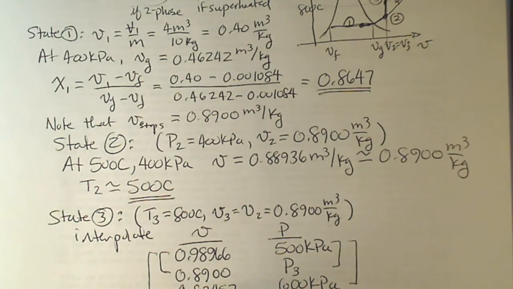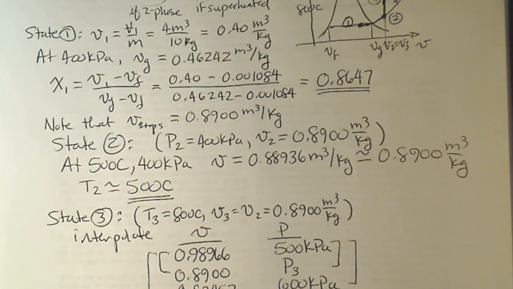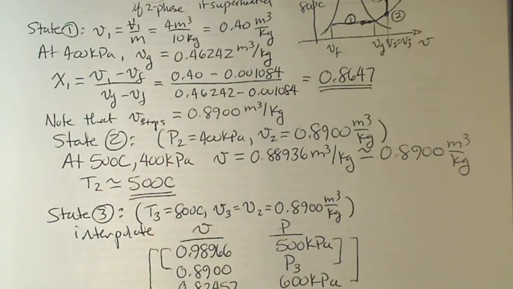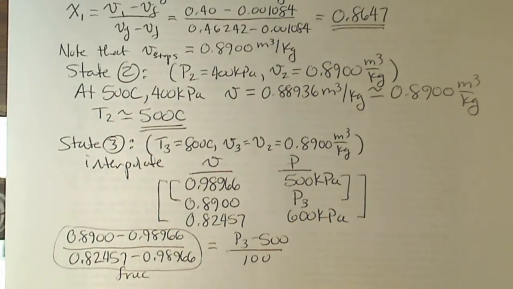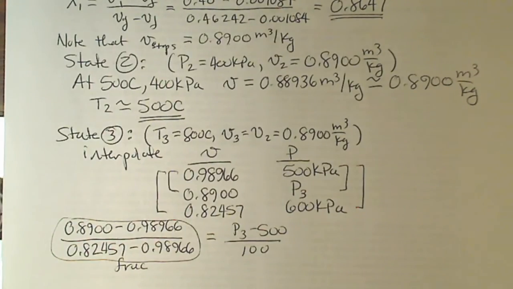Again, this quantity is what I will call my fraction, and that fraction would be key to interpolation for any other properties that I need to know between those two states.